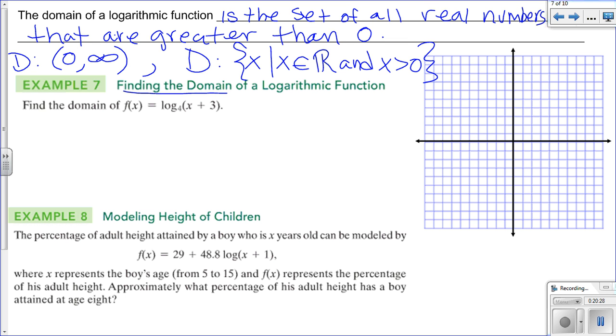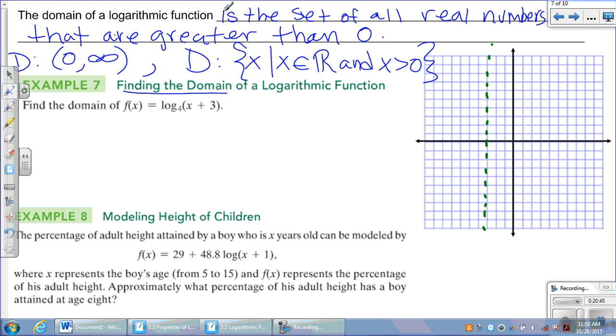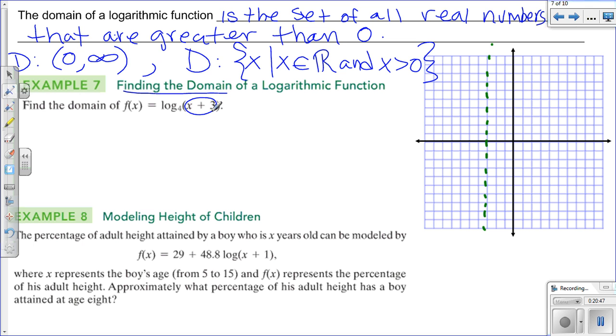To the left. So our vertical asymptote, instead of being on the y-axis, is going to be shifted 3 units to the left. So it's going to be here. But what we need to do to find the domain is take what's inside the parentheses and create an inequality.